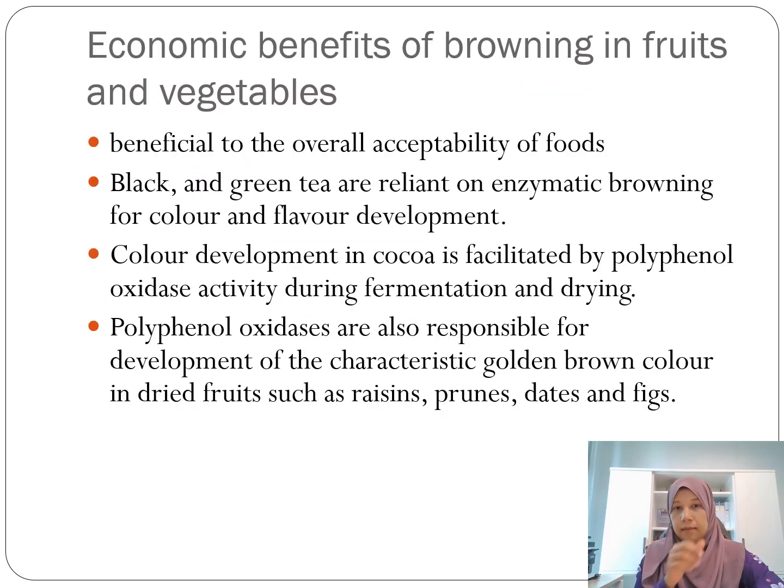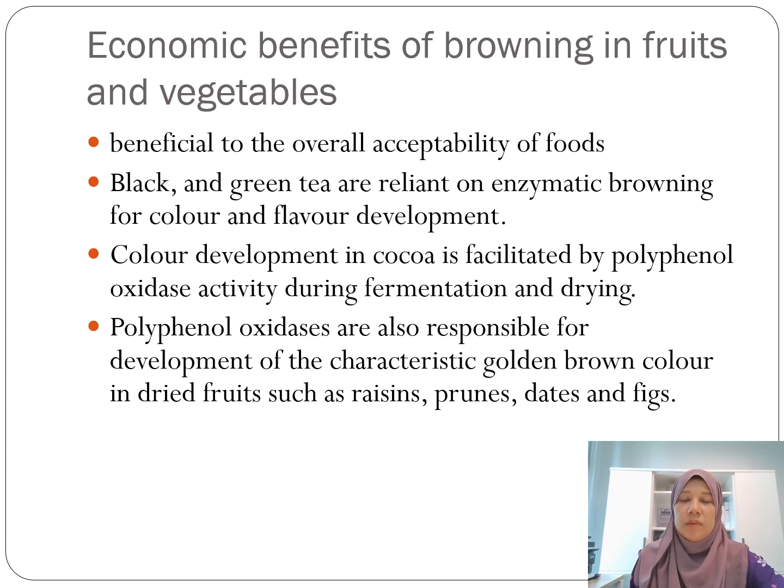These are the economic benefits of browning in fruits and vegetables. Of course, it gives overall acceptability of the foods to the consumers. For example, in black and green tea, the enzymatic browning process assists the color and flavor development.